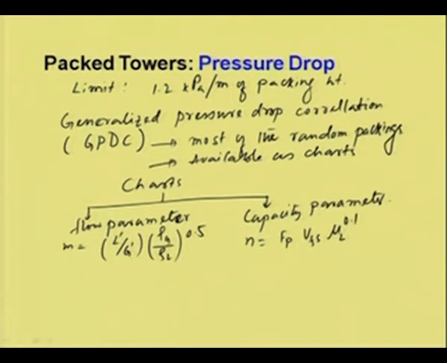L and G are the liquid and gas flow rates. Rho G and rho L are the densities of the gas and liquid. Fp is the packing factor, which is Ap by epsilon cube, and Ap is the packing interfacial area, and epsilon is the porosity or the void fraction.